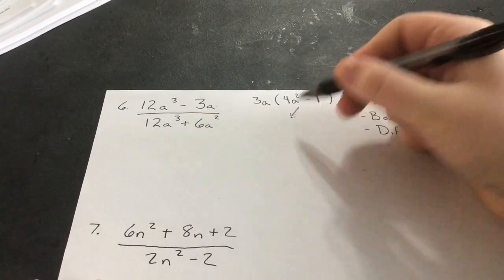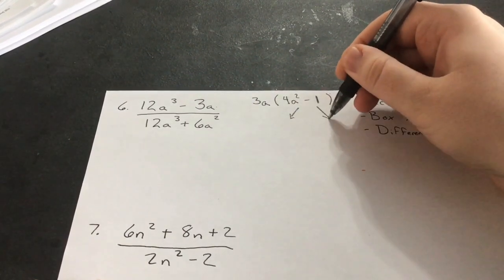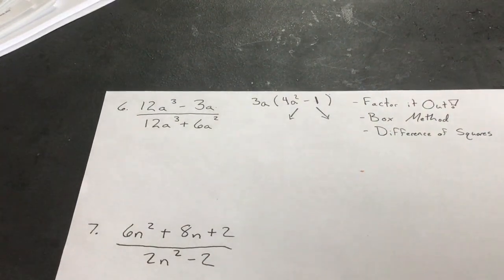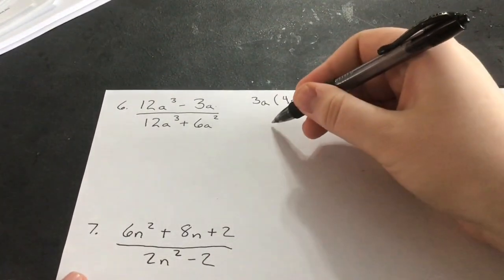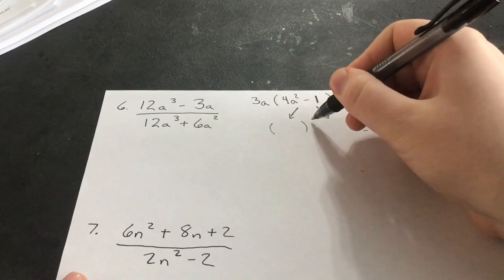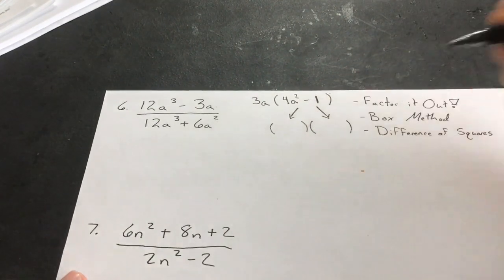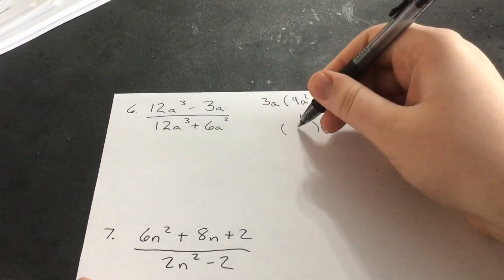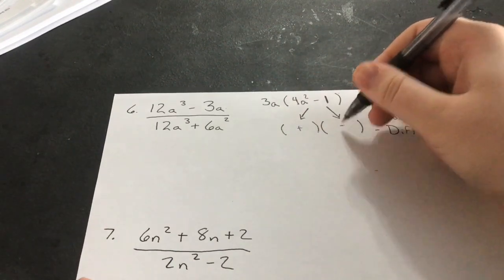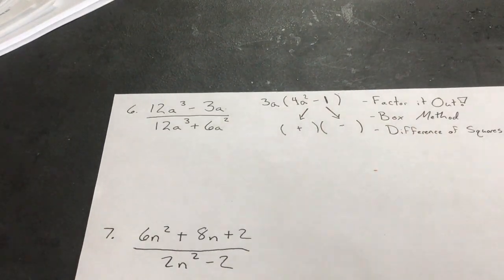Since I know difference of squares is the one that we do least often, and probably we want the most reminder on, I'm going to go through it. So difference of squares says we take our binomial and we break it down into two separate binomials. One of them adding, one of them subtracting. These are actually going to end up being known as conjugates. That's just the mathematical term for it.